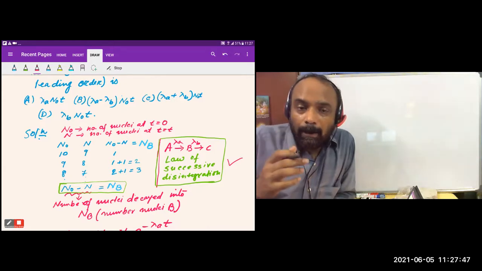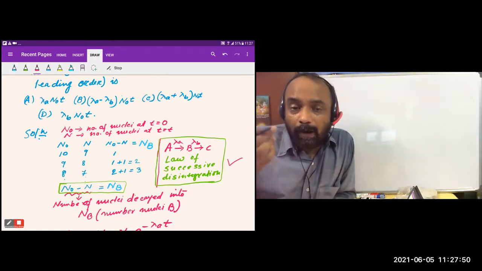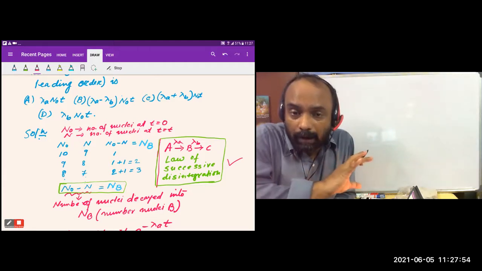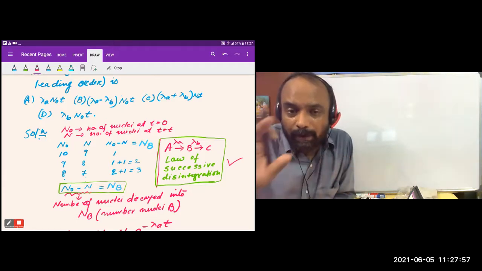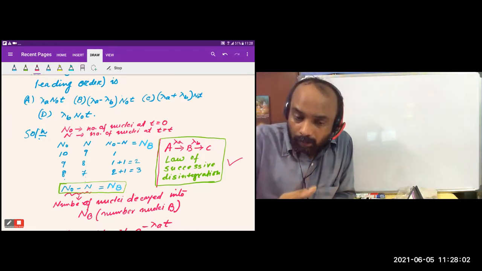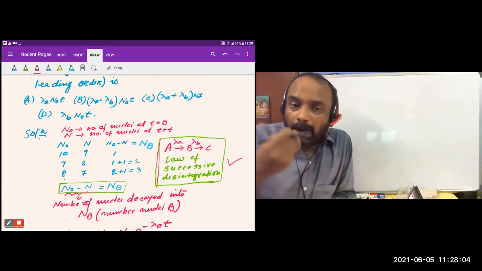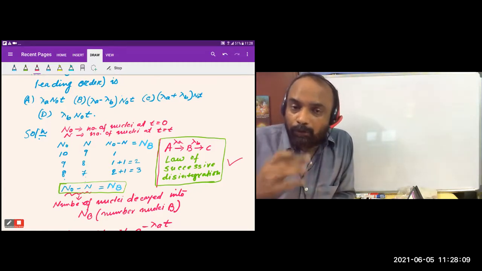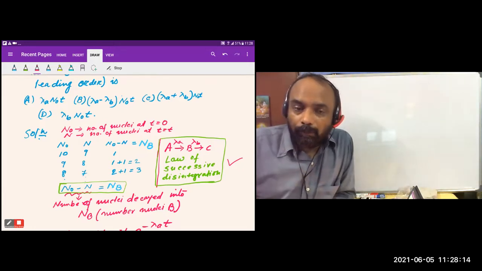So if I think that B and C could be one of the correct options, that means I have to consider the entire process A to B, B to C. My technique of getting the right answer will become a huge one, because we have to relate A to B disintegration and then B to C disintegration.